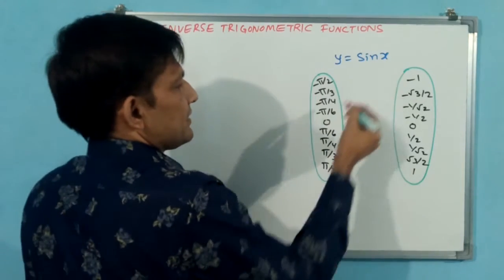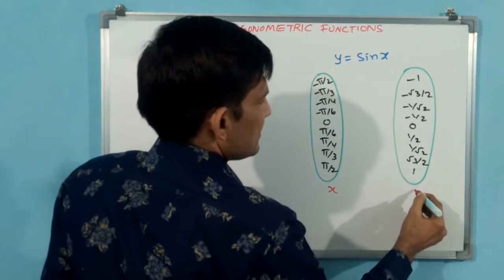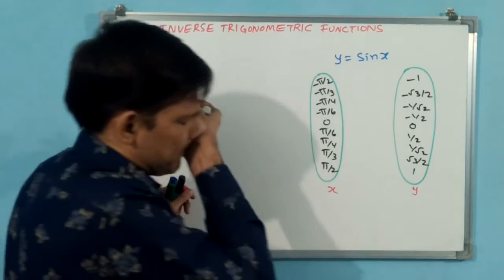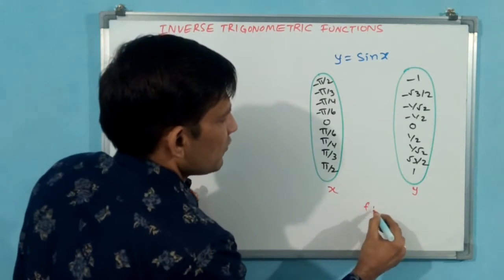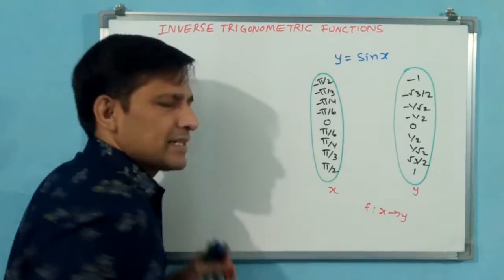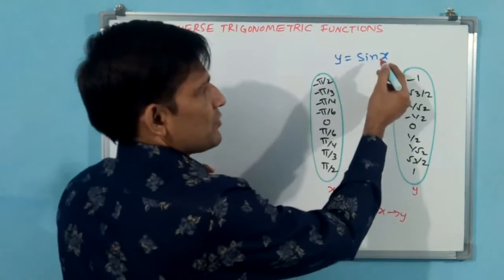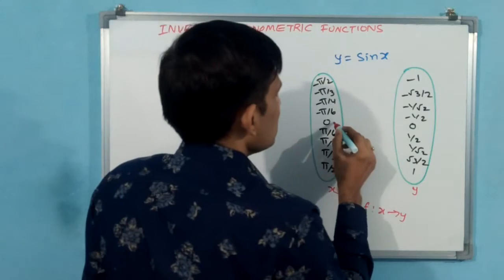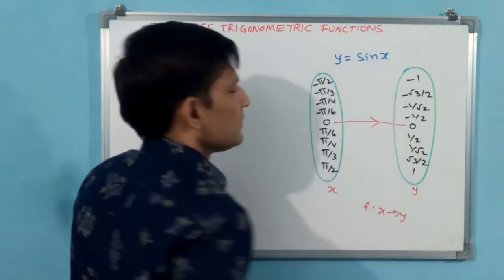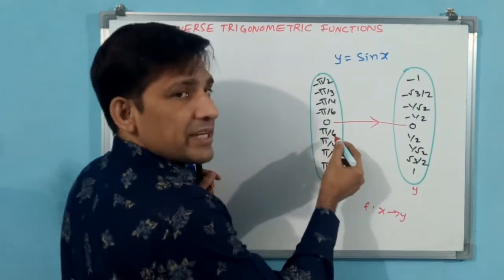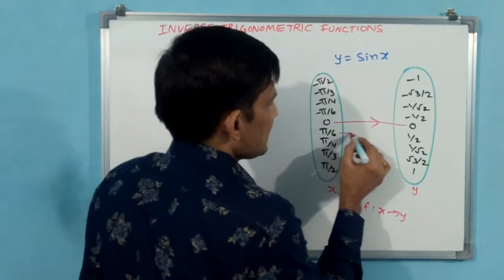See, sin x, if this is x and this is y, the function is from x to y. If I give 0, sin 0 is equal to 0. If I give 30 degrees, pi/6, sin 30 is 1/2.